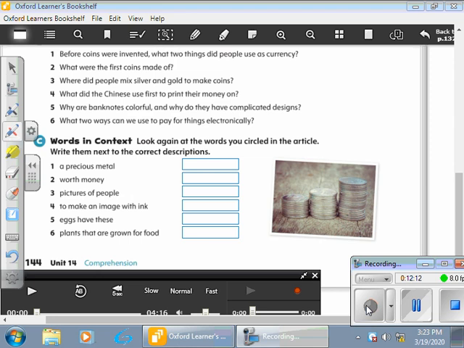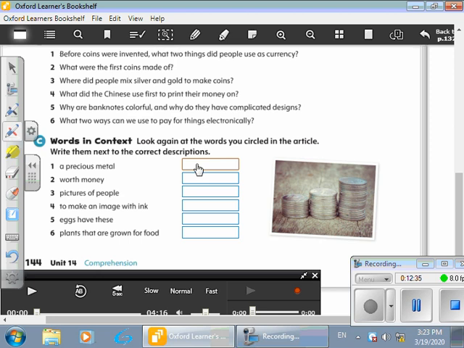Okay, guys. Now let's move to page 144, exercise C, words in context. Look again at the words you circled in the article. Write them next to the correct descriptions. A precious metal. Try to think.